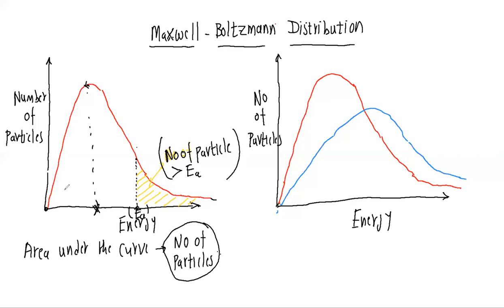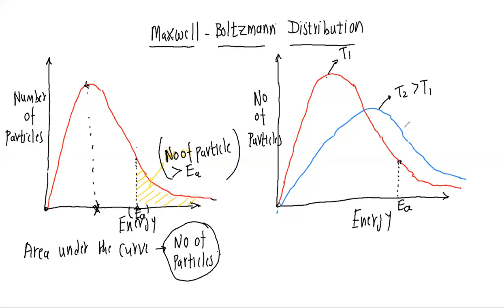Now, coming to the second part. Let's say this curve represents temperature T1, and this is T2, which is greater than T1. Let's see what is happening. Please remember that our activation energy is the same; it doesn't depend on the temperature.